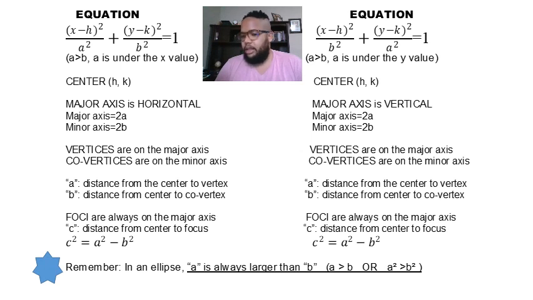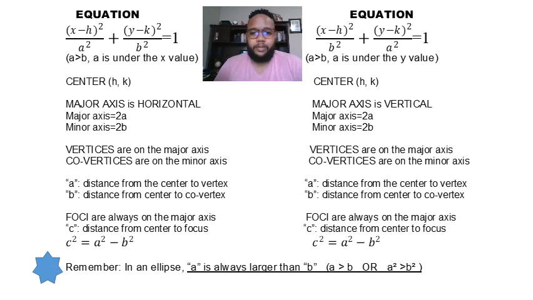And if you look at the equation to your right, you're going to see that the a is under the y squared. Now, in both of these, a is a fancy way of saying the bigger number. So whichever one has the bigger number, that's the type of ellipse it is. If x has the bigger number under it, then that is a horizontal ellipse. If y has the bigger number under it, then it is a vertical ellipse.